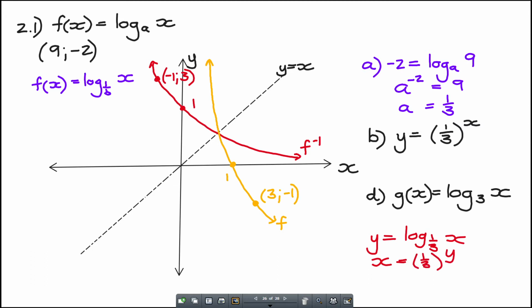But now we're reflecting in the x-axis. So x stays the same, but y becomes negative. And that -1 will mean that the third will switch around. In other words, it becomes 3 to the power y. And if I rewrite that back to log form, it's going to give me the log 3x.